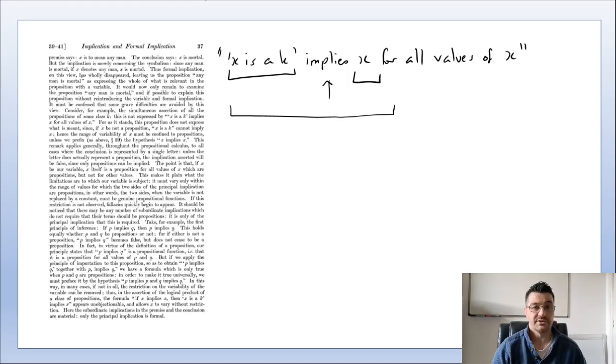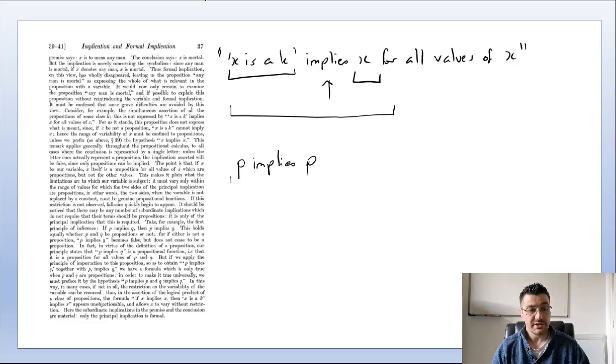There is something that we can do, because going back to what Russell says in section 16, a proposition can be defined effectively as something like P implies P. Okay? A proposition implies itself and only propositions can be implied.